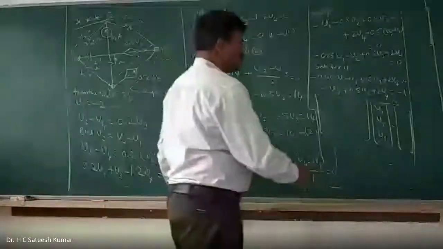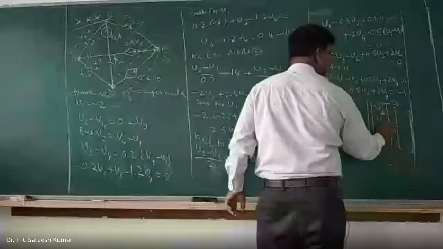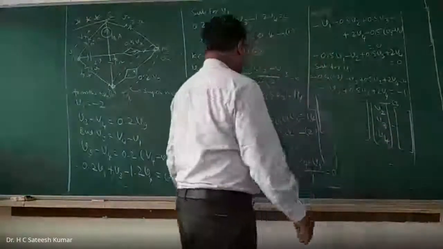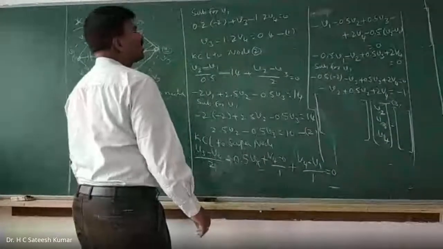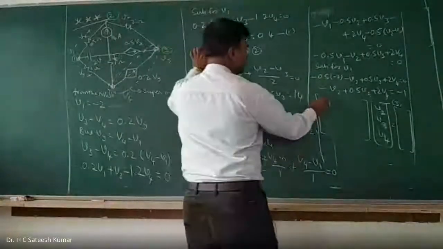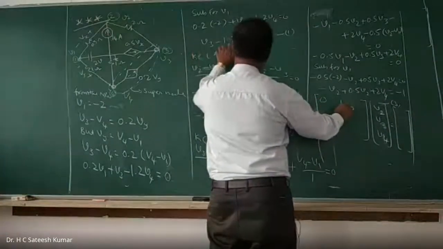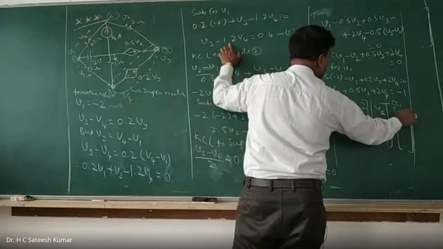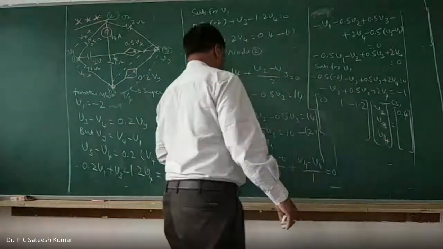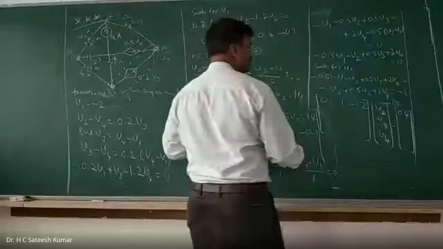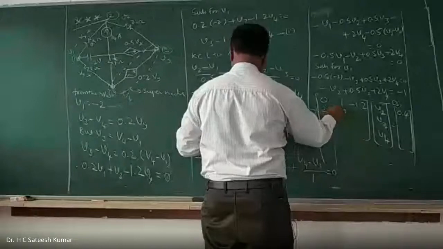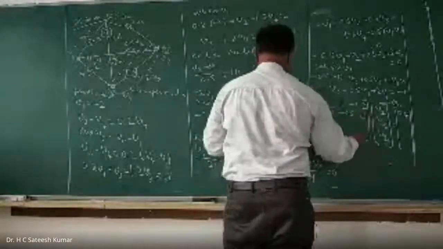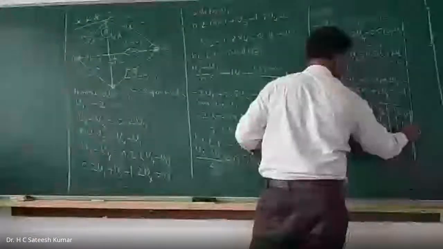V2 coefficients from equation 1: V2 coefficient is 0, V3 is 1, V4 is minus 1.2, and the right hand side is 0.4. Next one, V2 coefficient is 2.5, V3 coefficient minus 0.5, V4 is 0, and the right hand side is 10.